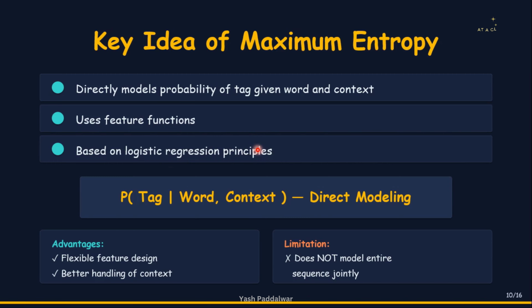Logistic regression, as you know, is a machine learning algorithm used for classification, so MaxEnt is based on those principles. The advantages of maximum entropy are a flexible feature design and better handling of context. The limitation is that it does not model the entire sequence jointly.